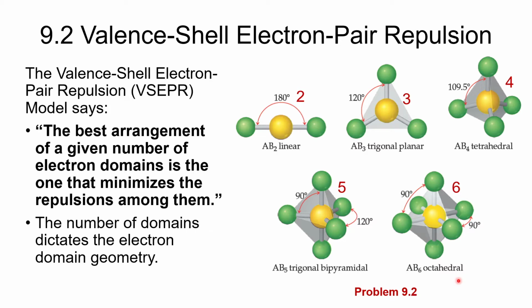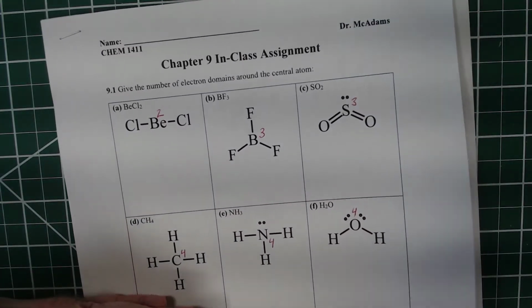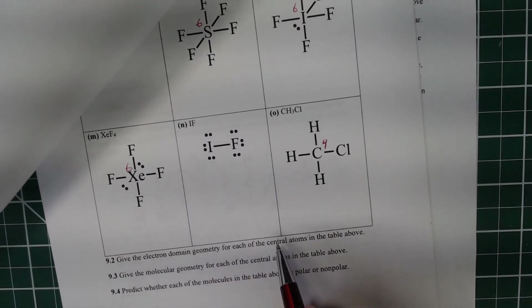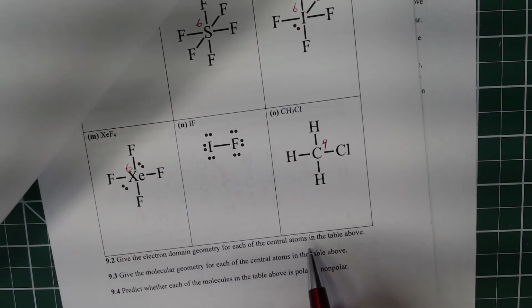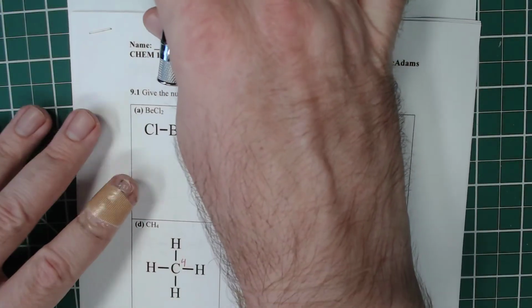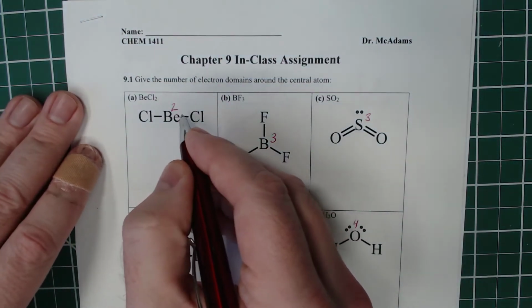So let's go look at number 2 on the assignment. Number 2 is using these same things, and it's just to give the electron domain geometry for each of the central atoms in the table above. It's pretty straightforward. Again, once you know the number, you know the name of the electron domain geometry.